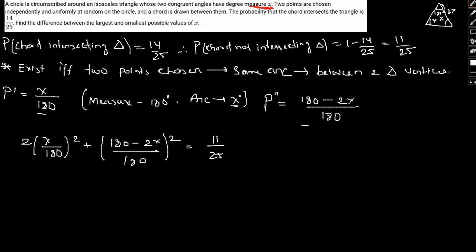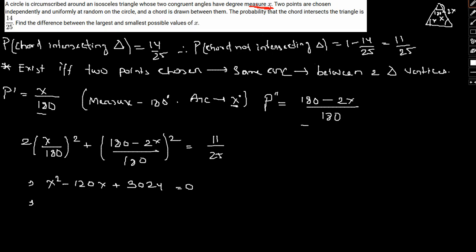This is the probability of not intersecting the triangle. If we simplify the same, we get x squared minus 120x plus 4 equal to 0.